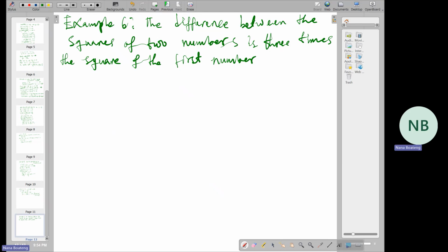The difference between the squares of the two numbers is 3. Okay, so the difference between the squares of the two numbers is 3.